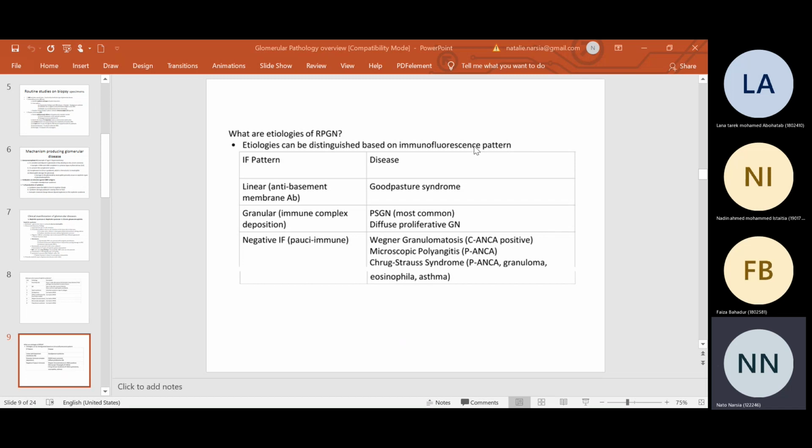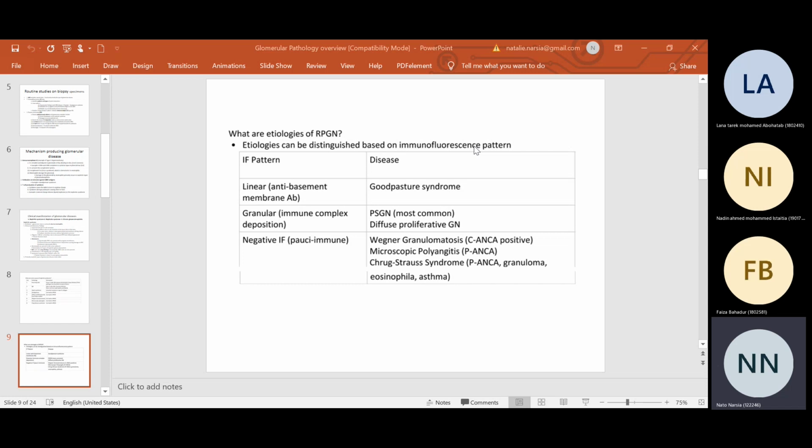And granular means you have immune complex deposition, and it is scattered and dispersed throughout the glomeruli. For that reason, it gives you just a grainy appearance. And negative immunofluorescence means you don't have immune complexes, but you definitely need to find the C-ANCA, P-ANCA.